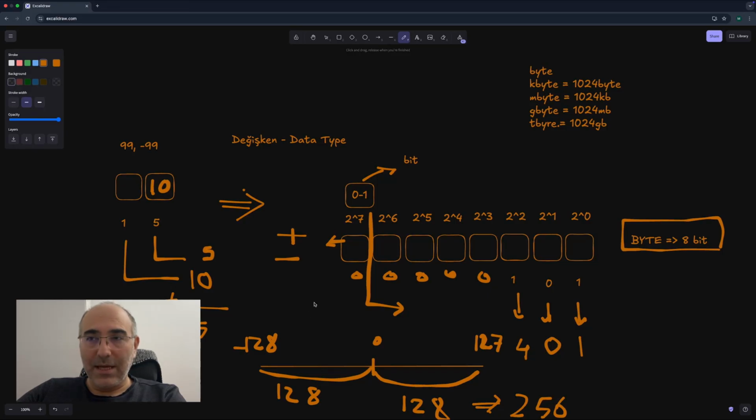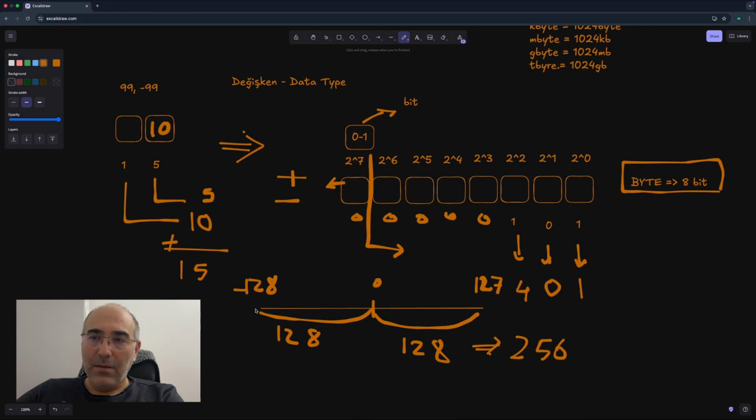The logic is that simple. So this bit, if it has a value of 0, think of it as positive. If it has a value of 1, think of it as negative. Alright, so what happens this way? One bit in this is the sign bit, and the remaining bits are the ones that represent the digits. This way, we can represent negative values as well as positive values here, friends.